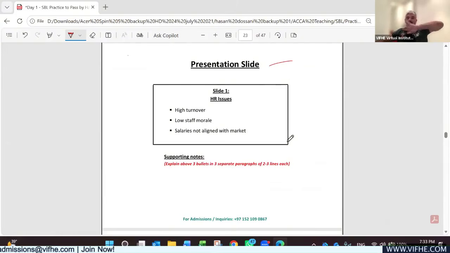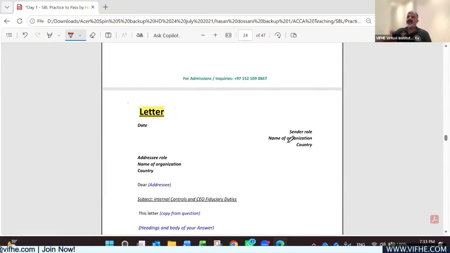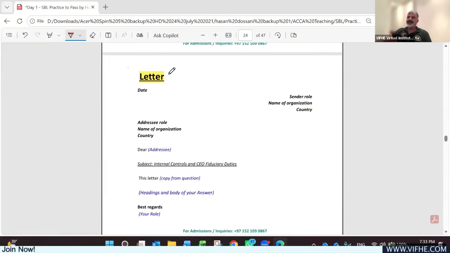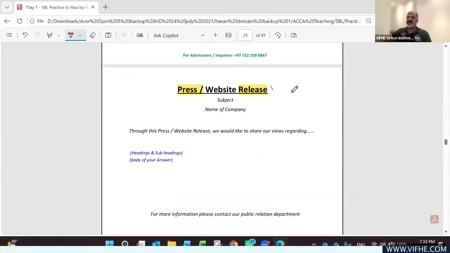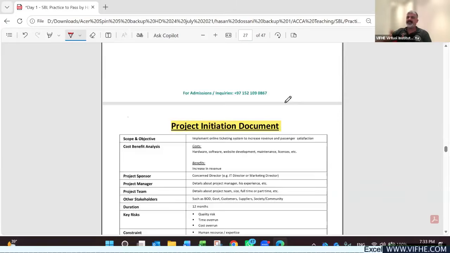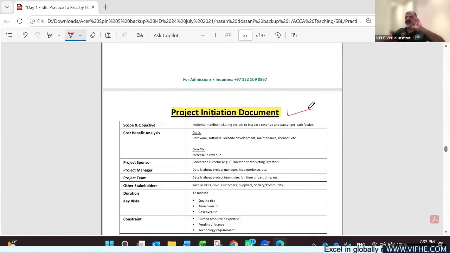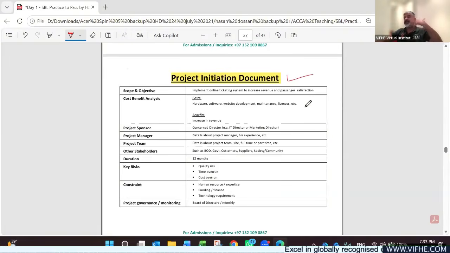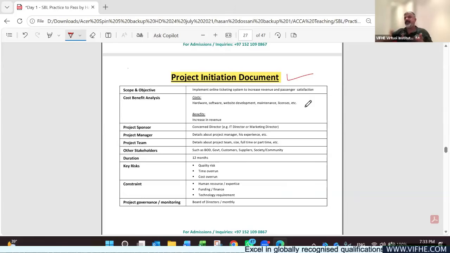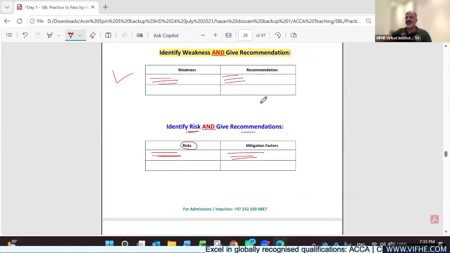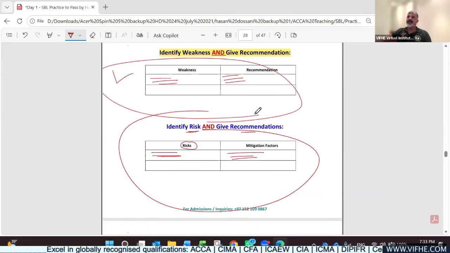These four are the most frequently asked. And then some exceptions like letter, press release, business case, and PID. These have very low chances, but just be familiar with the format. And last, for weakness and recommendation, when two things are required, use a tabular format. Any questions on the format?